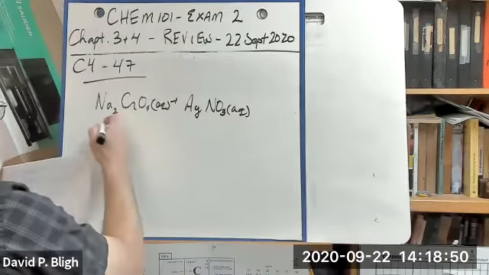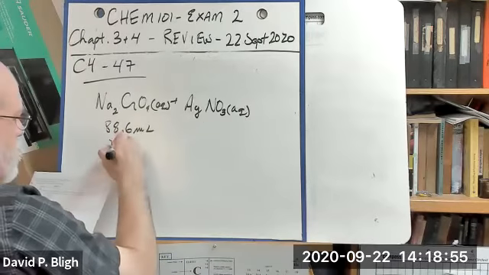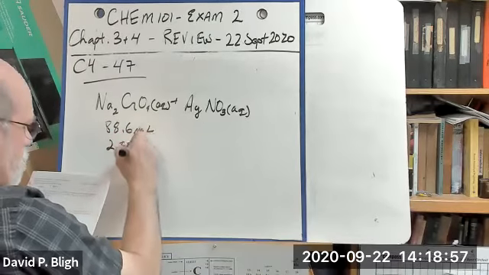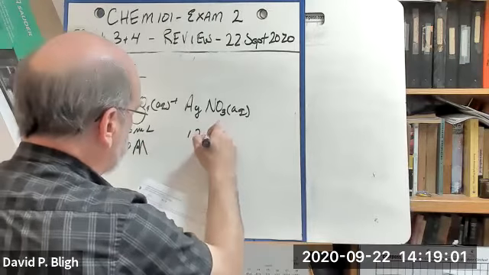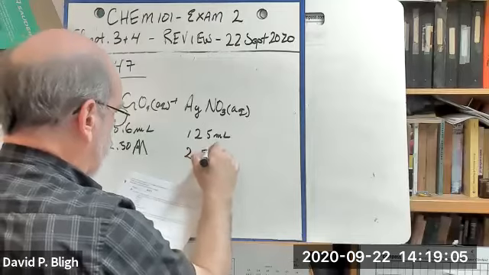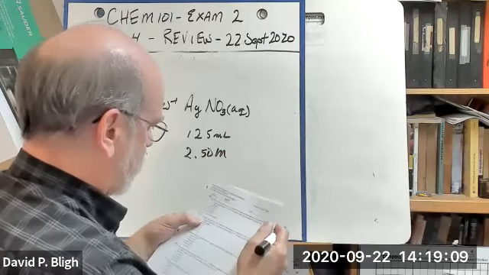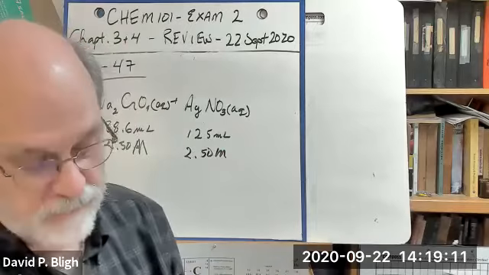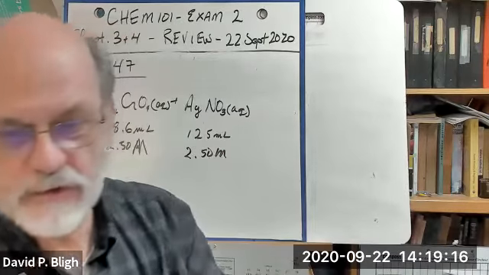Okay, so this is 88.6 milliliters of 2.5 molar, and this one is 125 milliliters of 2.5 molar. What's the concentration of sodium after the two solutions are mixed?